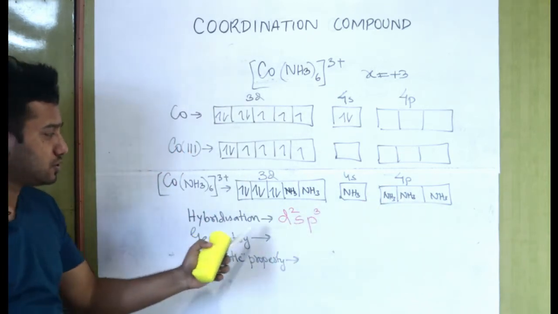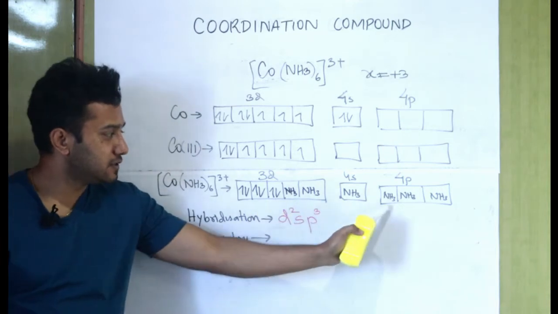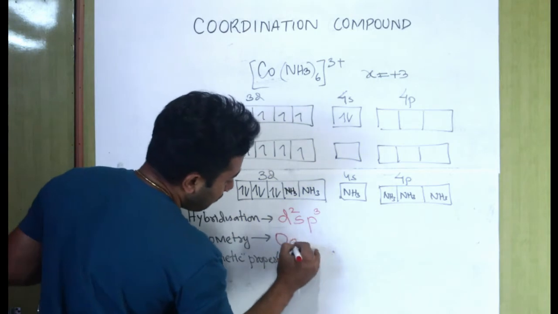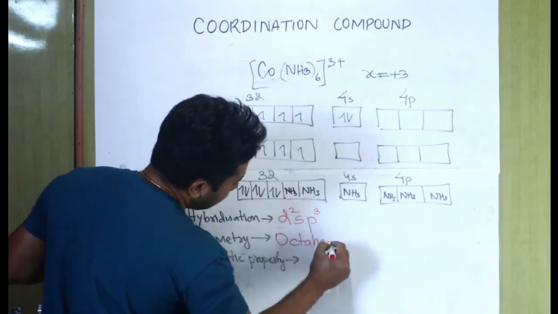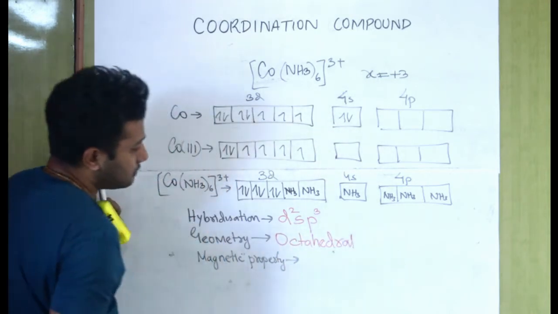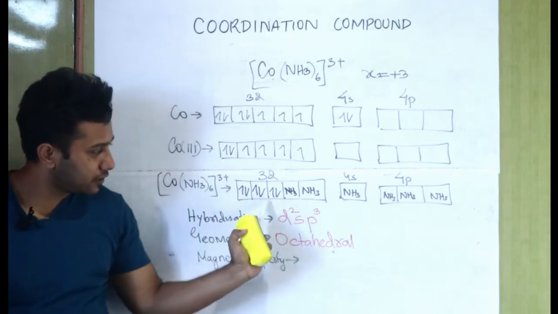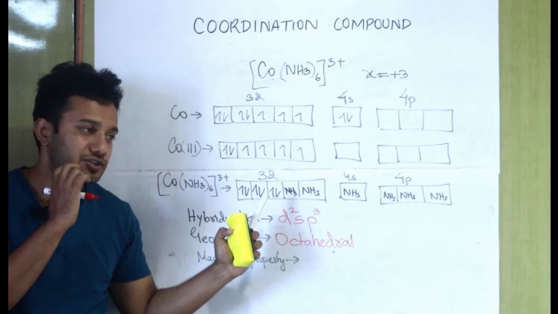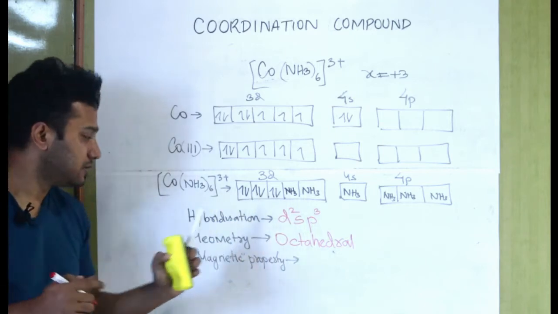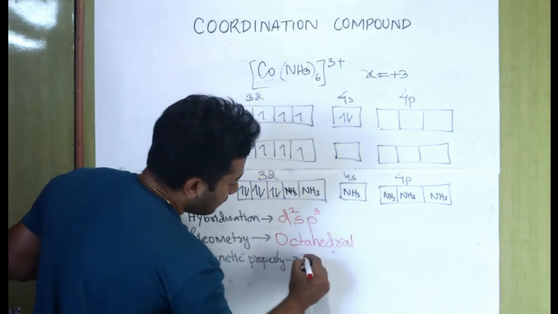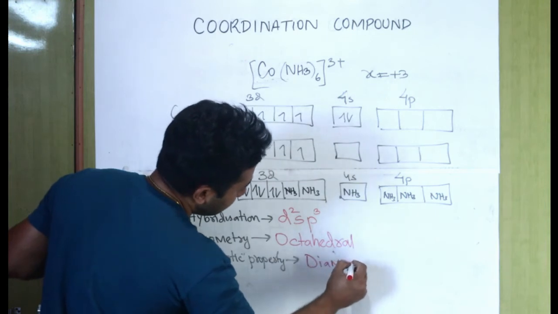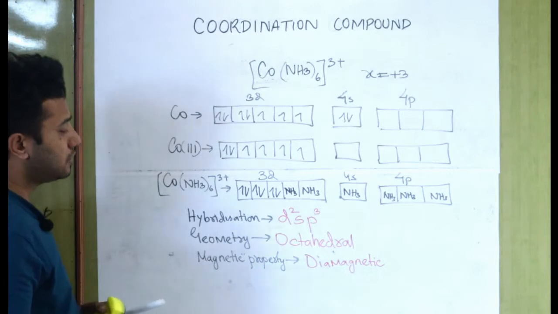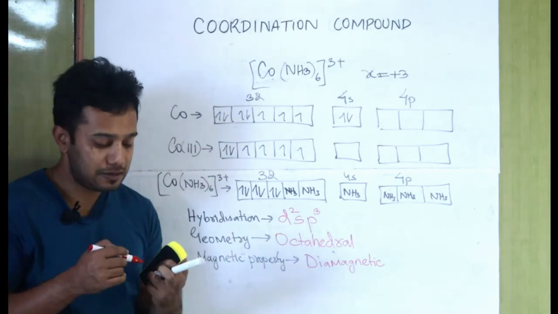So the hybridization will be d2sp3. If it is d2sp3, we have octahedral, right? And now all these electrons are paired. There is not even one single electron. So this will be again diamagnetic.